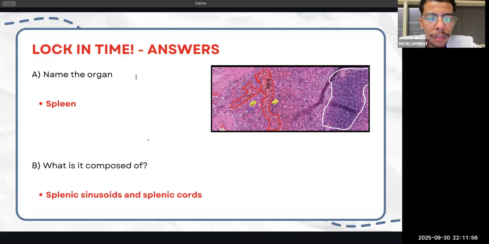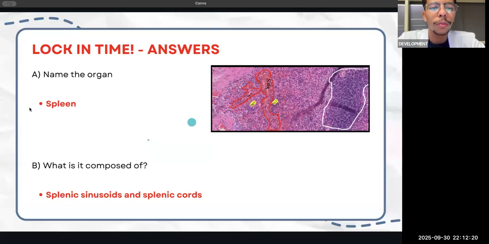Splenic cords and sinusoids are what make up the red pulp. The follicles are within the white pulp.